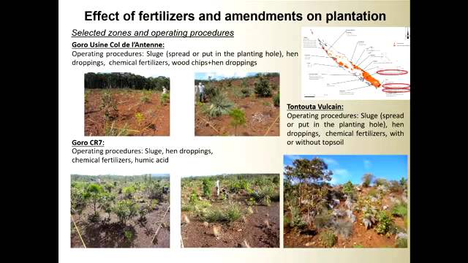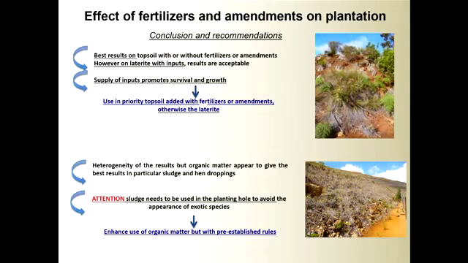After that, regarding the effect of fertilizer and amendments on plantation, 3 zones presenting several operating procedures, meaning different inputs of organic matter or chemical fertilizer, were used. The results confirm that the use of topsoil is full of benefits, both on survival and growth, and it's better with the addition of inputs.